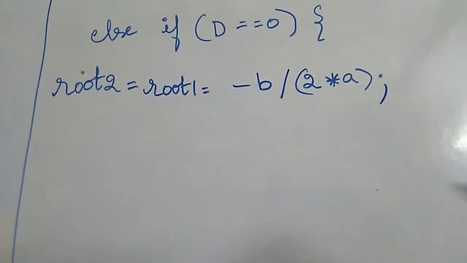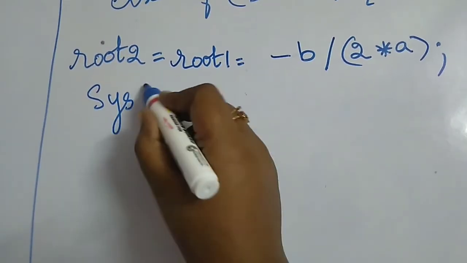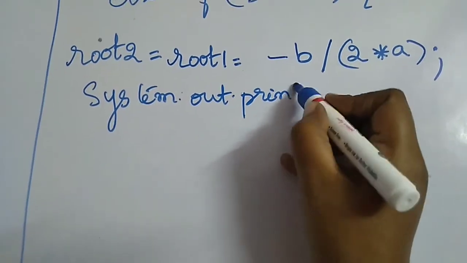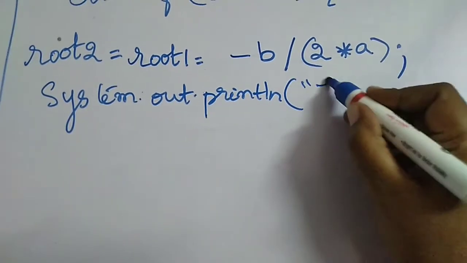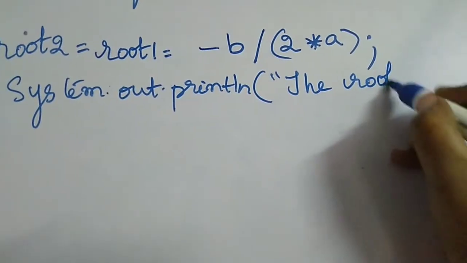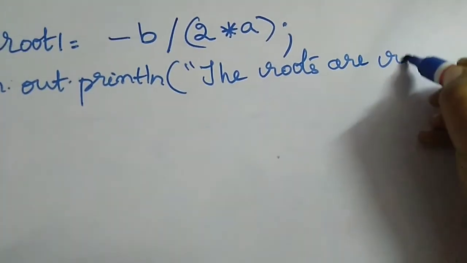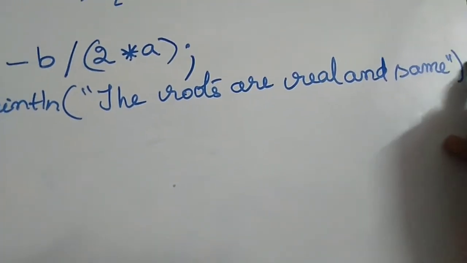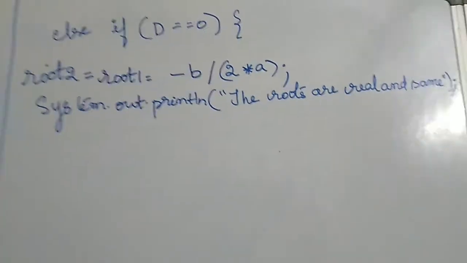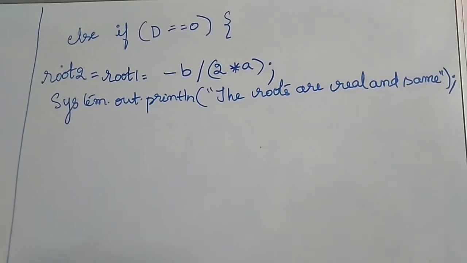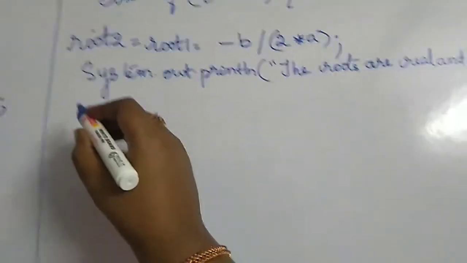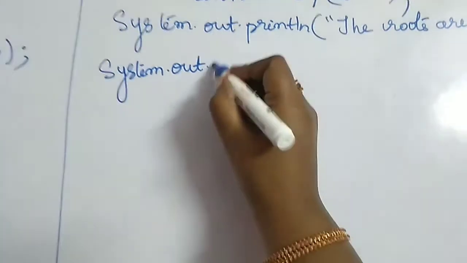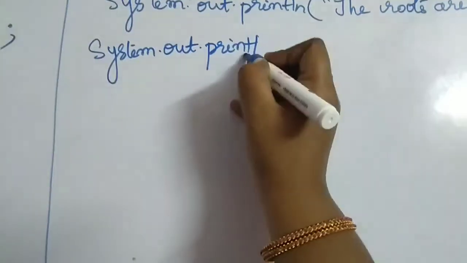Write an interactive statement and tell the user what it is. So I am saying system.out.println, the roots are real and same. You can also print the roots and show them to the user. I am writing the same kind of statements that I have written previously.